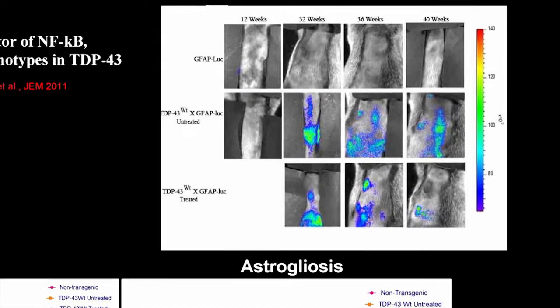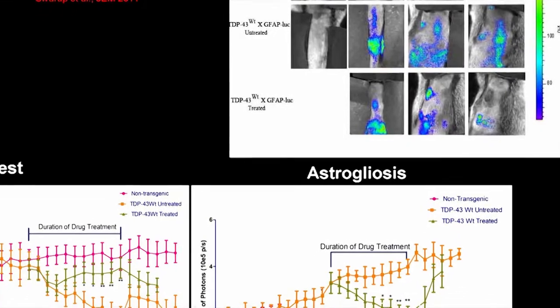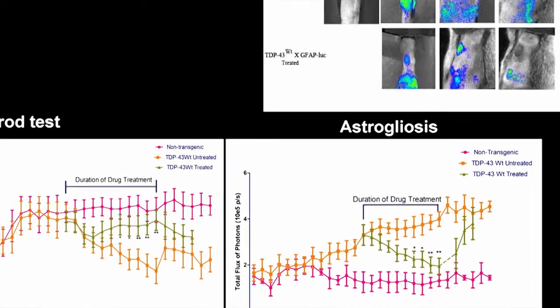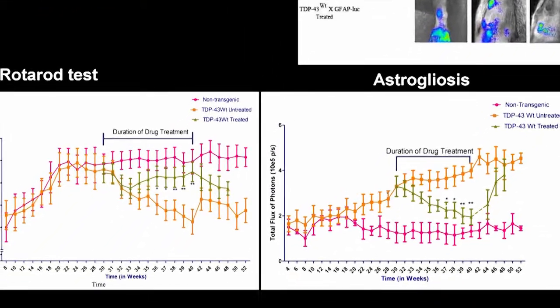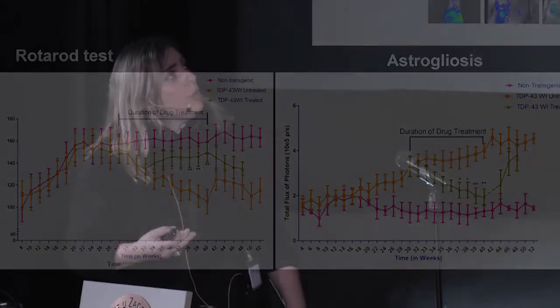We can follow behavior together with the therapy, and we can see that when they stop therapy, the behavioral deficits get worse, and this is completely correlated with the biophotonic signal, suggesting that this biophotonic and bioluminescence imaging approach represents a powerful tool to analyze pathological events and the therapeutic effects in real time.